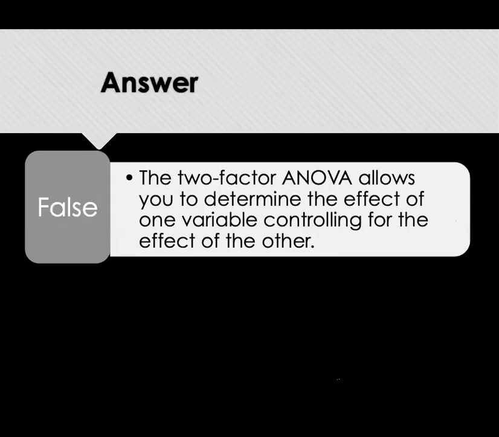The two-factor ANOVA allows you to determine the effect of one variable controlling for the effect of the other. So controlling for just means that we're examining the effect of one variable on the dependent variable independently, as if the other independent variable or factor did not exist. So remember in one of our examples, I think it was level of difficulty and anxiety.